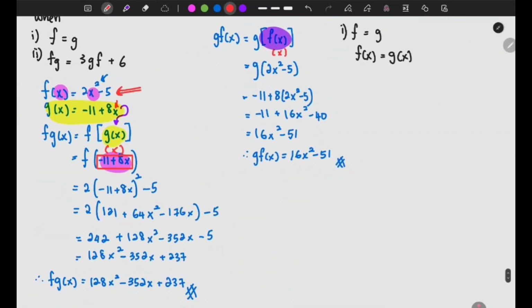And find the value of x. So bring your x to one side. Actually, this is a quadratic, so bring all numbers to one side. So 2x squared minus 8x minus 5, and negative 11, if you bring this side, becomes positive 11, equals 0. 2x squared minus 8x, and then minus 5 plus 11 is 6.